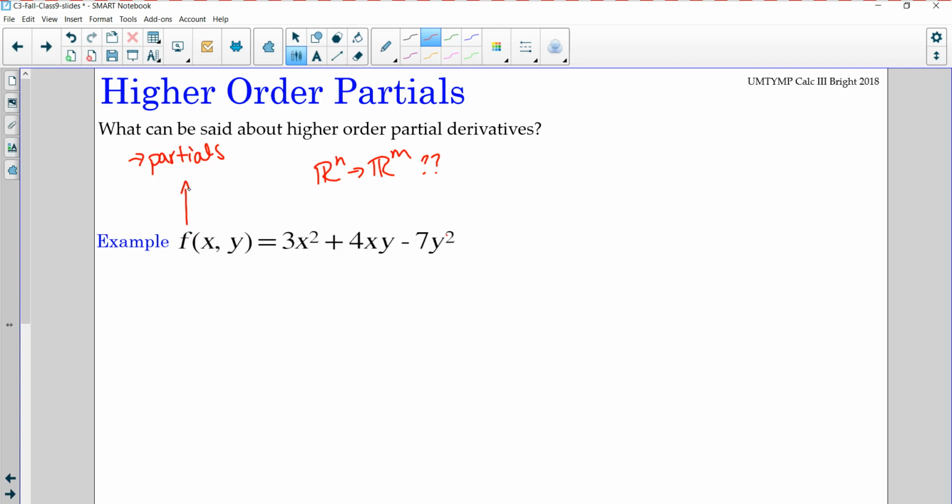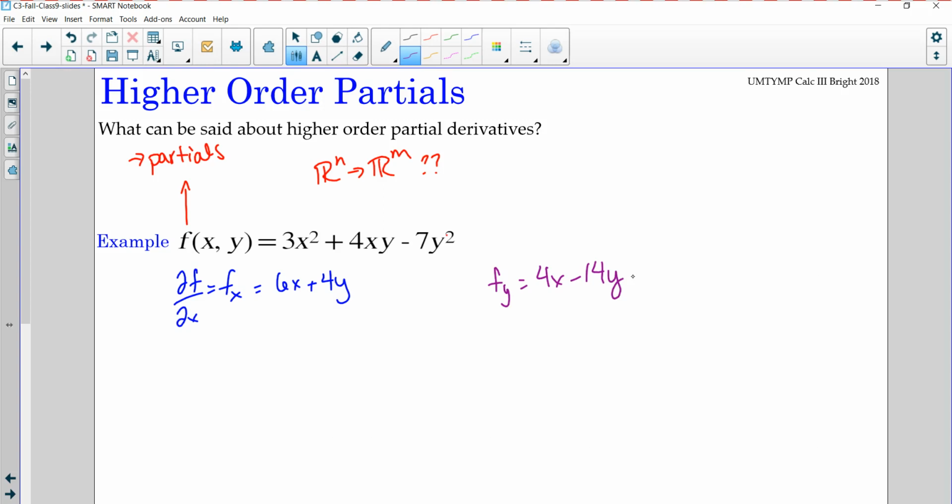As we already know, we can find partial derivatives by doing del f del x, and just a reminder, we can use f sub x, and that's the notation I'm going to proceed with just because it's going to be shorter here. If I do that, I get 6x plus 4y, and similarly, if I do f sub y, that is going to be 4x minus 14y.